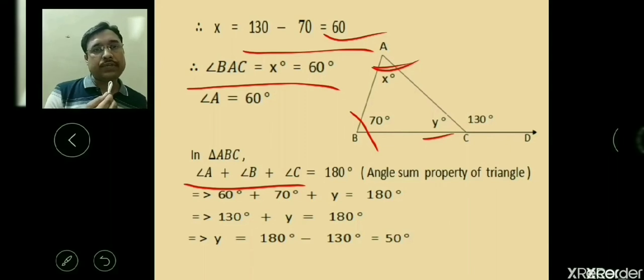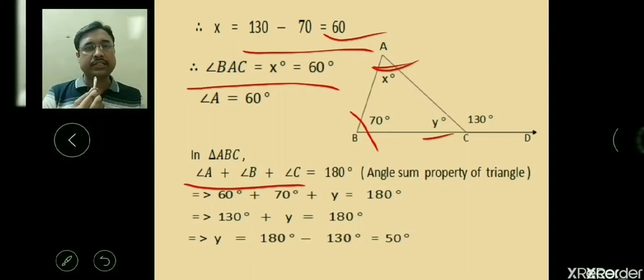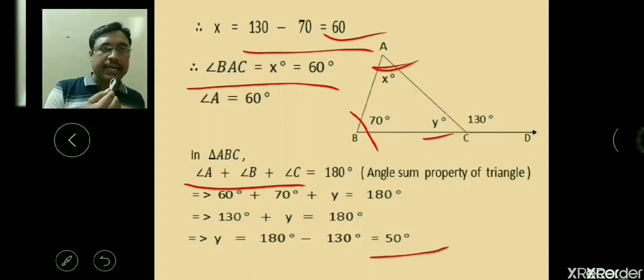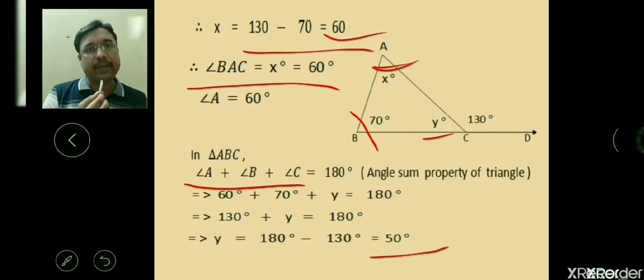Then solve this equation: 60 plus 70 is 130, plus Y is 180. 130 you take to the RHS side, then 180 minus 130 equals Y. So the Y value is 50 degrees. That means interior angle C is 50 degrees. This way you have got all the angles, and in this question you only have to find the values of X and Y, where X is 60 degrees and Y is 50 degrees.